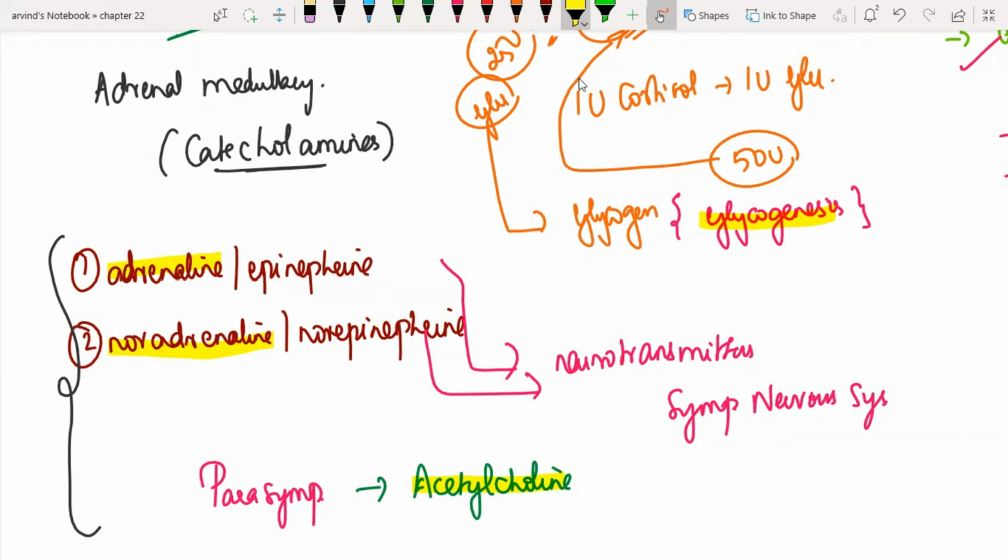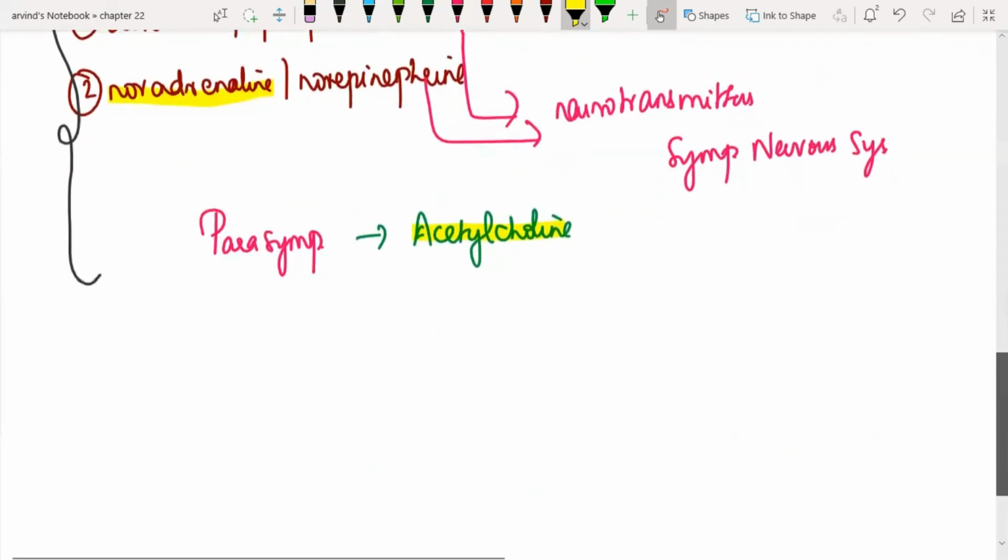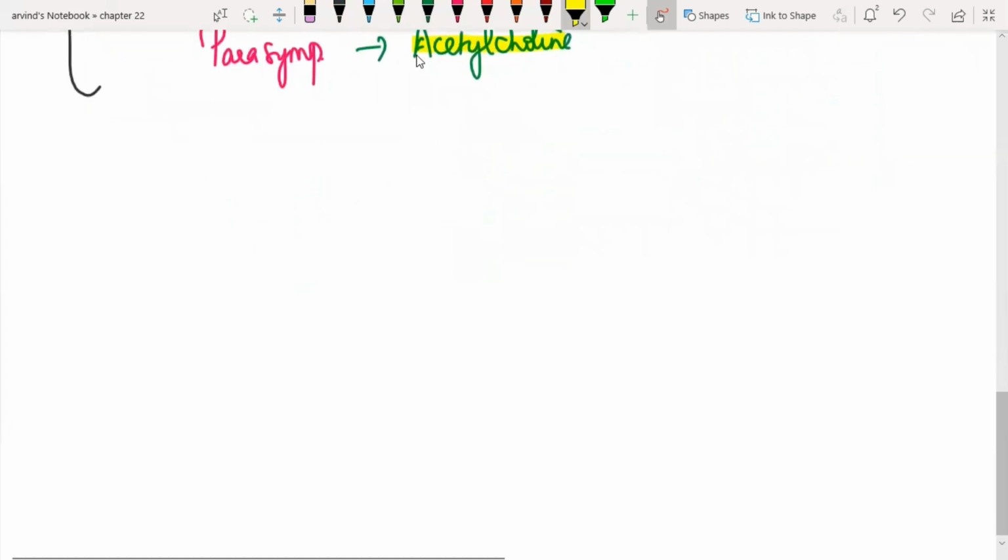Just imagine during fear or during fight or flight, what are the things that you need? When you are in flight mode, meaning you are being chased by a dog, you keep running continuously till it stops barking. All that time, you need continuous oxygen supply, continuous heart rate, and all that.